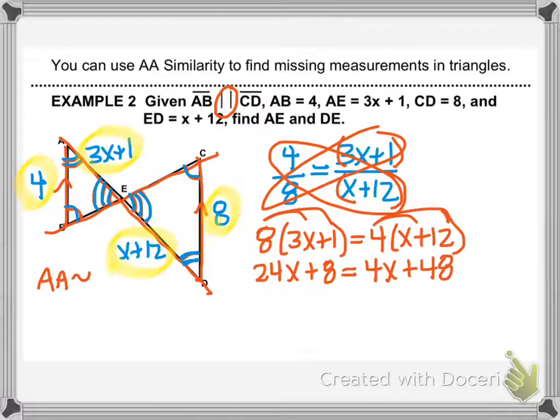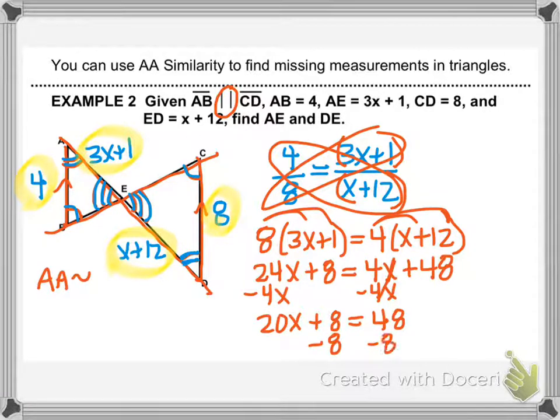Now we want to get all of our x's on one side. I have more x's on the left, so it would make more sense to move the 4x to the left by subtracting it from both sides. 24x minus 4x is 20x. And then I want to move my constants to the other side, so I'm going to subtract that 8 from both sides.